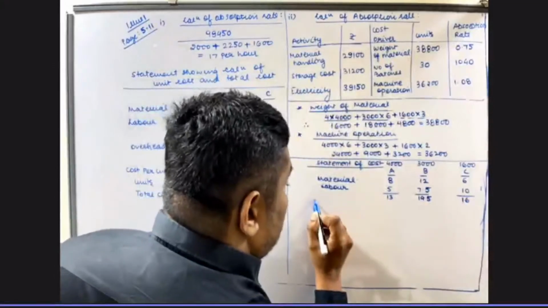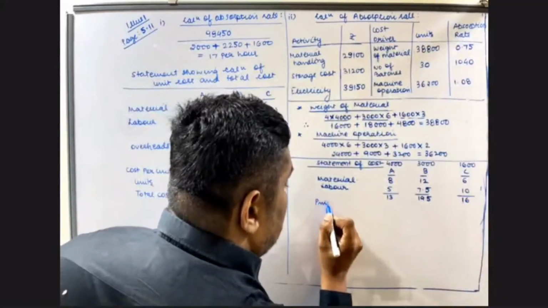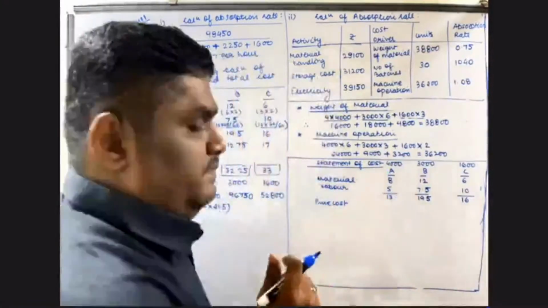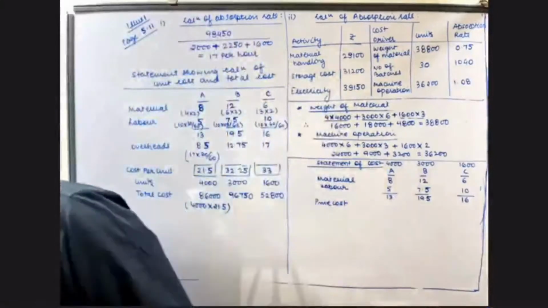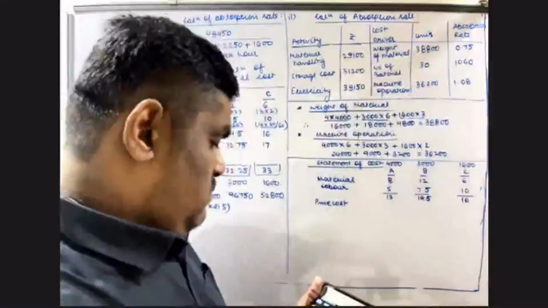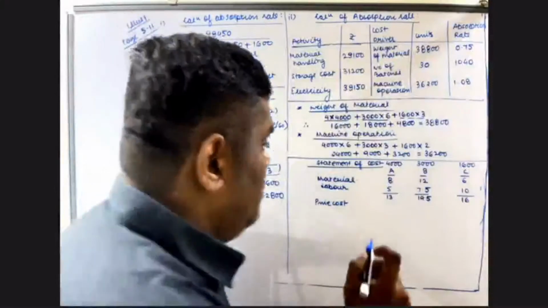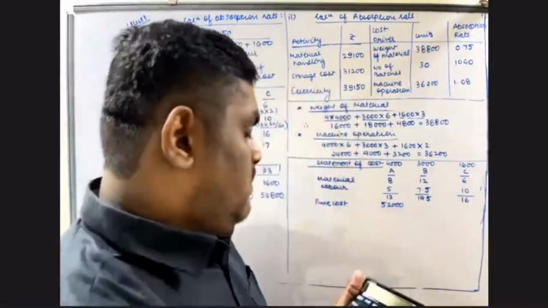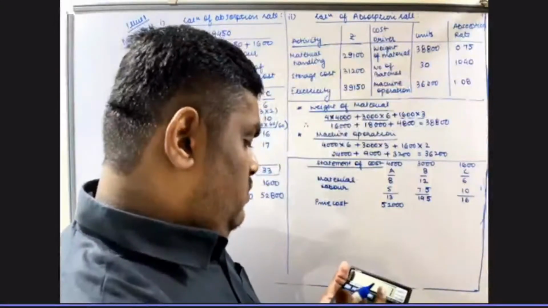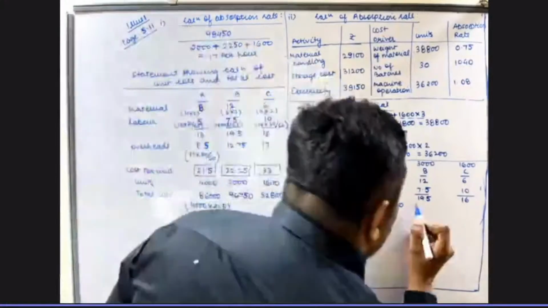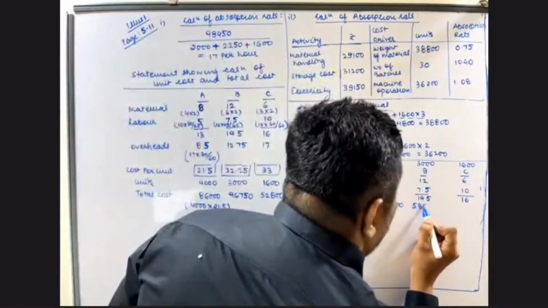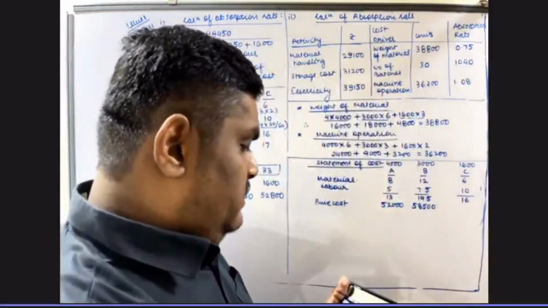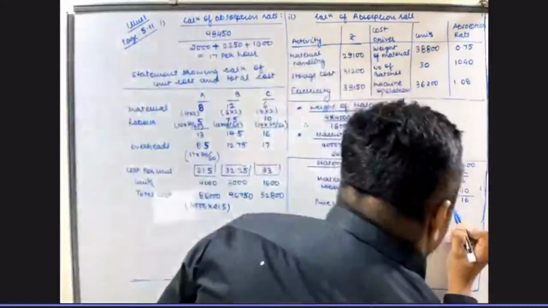So total prime cost will be how much? 13 into 4,000, that is 52,000. 3,000 into 19.5, so this will be 58,500. And 1,600 into 16. This will be 25,600.